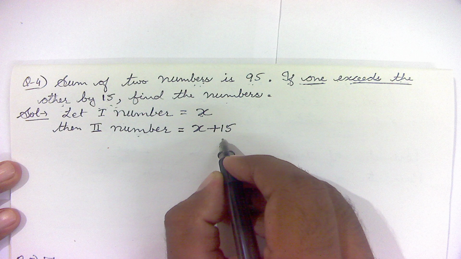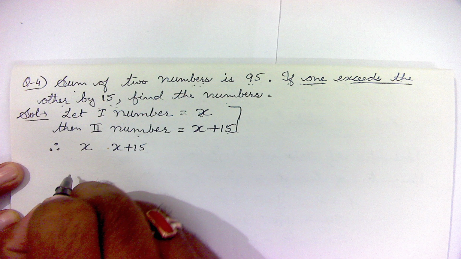Now according to the question, the sum of two numbers is 95. Therefore the two numbers now, one is x, the other is x plus 15, and if you add these two numbers, it is equal to 95. So you get an equation.